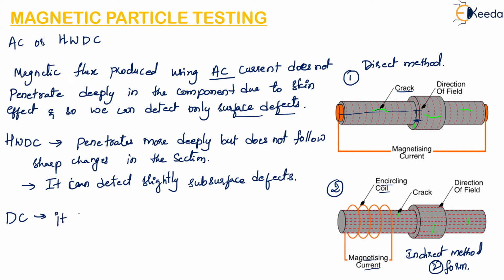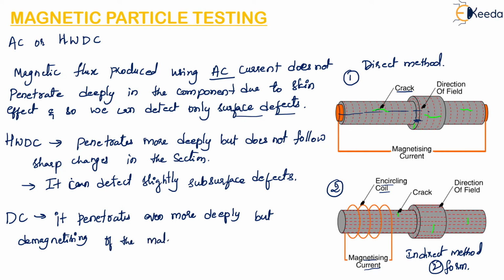So it penetrates even more deeply, but demagnetizing of the material after DC magnetizing is difficult. So that is why we do not use the DC current.